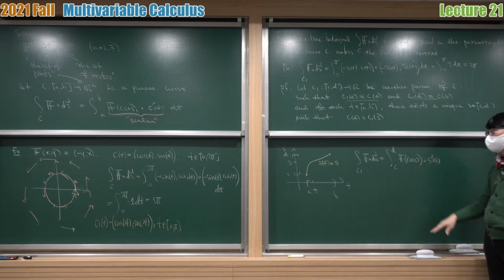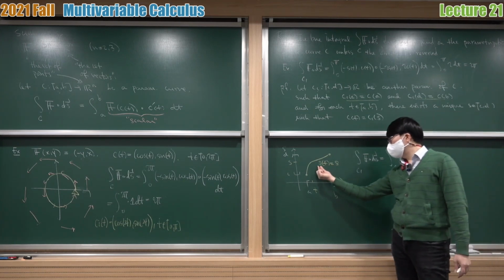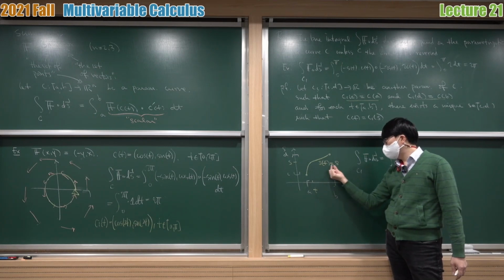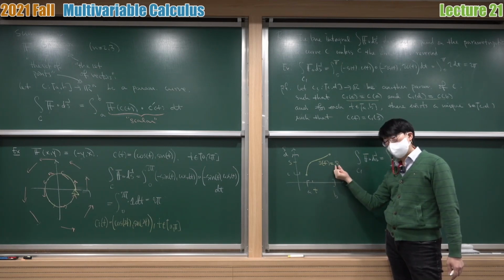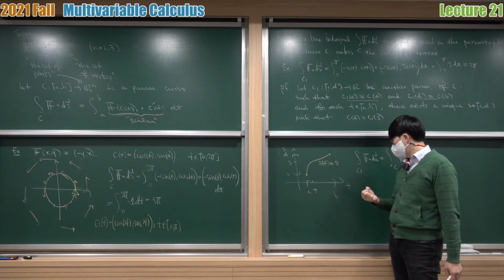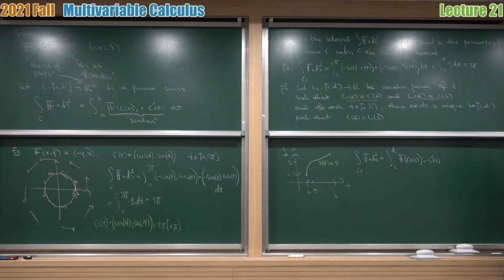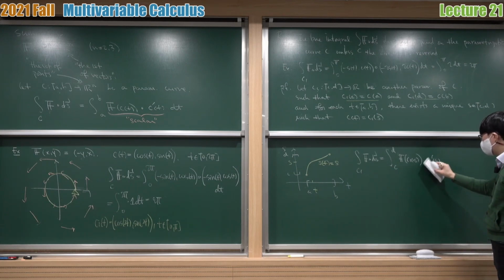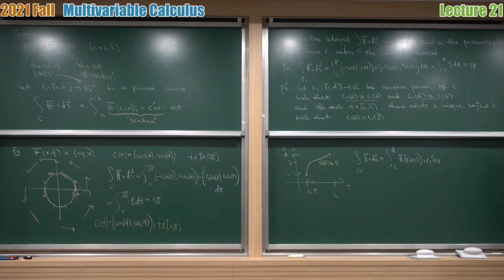So if it's confusing to you, maybe you can use a different name for the dependent variable s, but I'm going to use the same. I'm sorry, this is not s. Sorry, this is C1. C1(s), yeah. Okay. And ds, right?